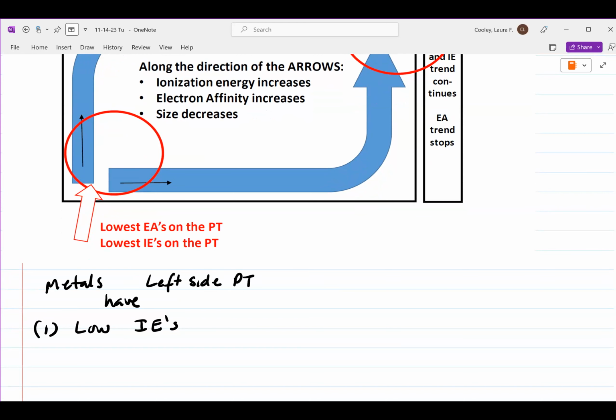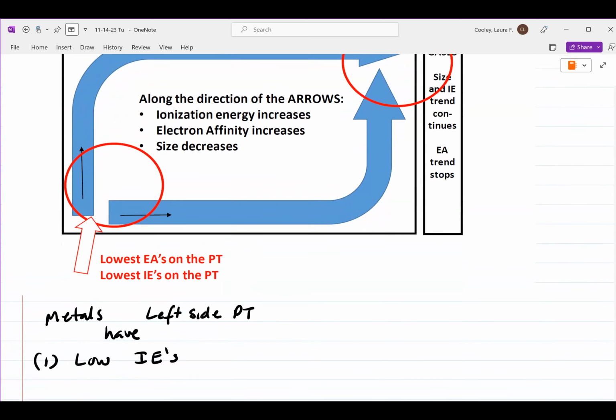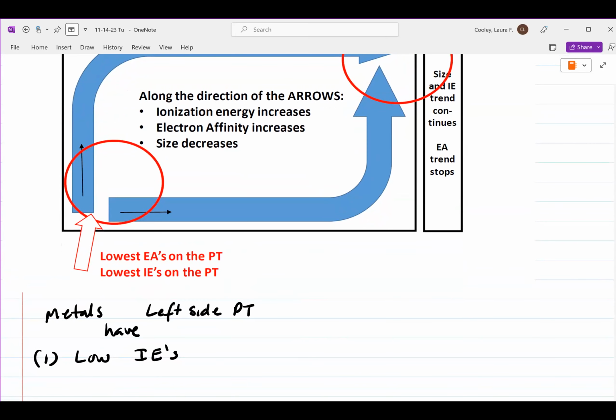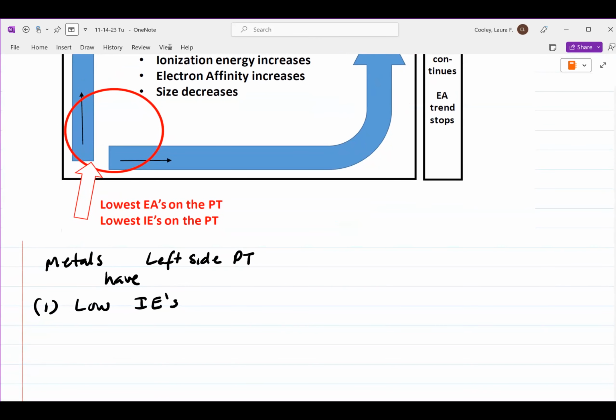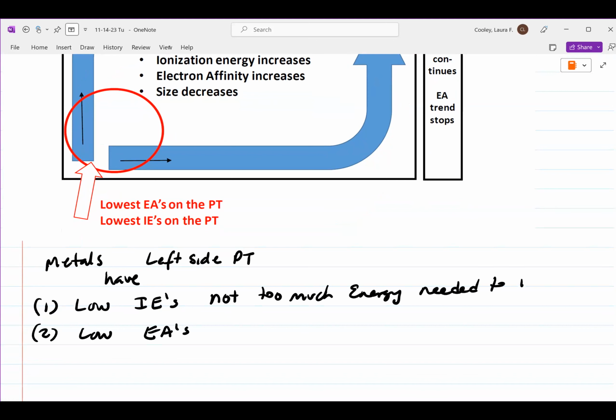Because ionization energy increases as you go across the periodic table. So on the left side, the ionization energy is low. They also have low electron affinities. So what that means is low ionization energy means not too much energy is needed to ionize, in other words, to lose an electron.